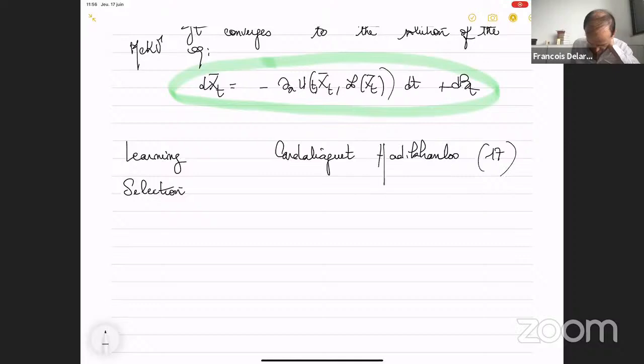So in fact, you don't have a general theory for this, because this is a very difficult question.